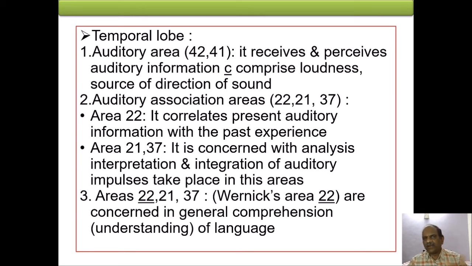For example, when we taste different types of food, we correlate this taste with our past experience. Similarly, area 22, the association area, correlates present auditory information with past experience. Areas 21 and 37 are concerned with analysis, interpretation and integration of auditory impulses, which take place in this area.